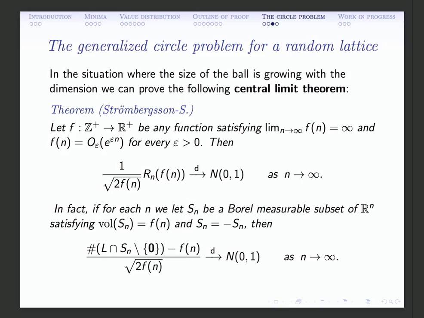So here's the count of the lattice points in the set Sn. I remove the origin, I also remove the mean value, and I normalize the same way. Then I approach a normal distribution. So at least this counting result is robust in that sense. It has nothing to do with Euclidean balls.